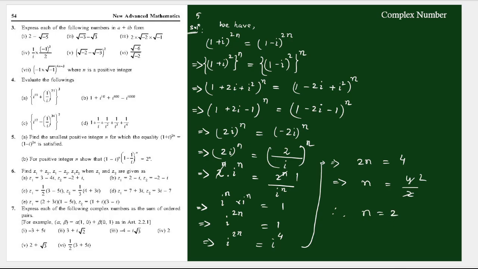So the question asks for the smallest positive integer n, hence here you can write down: the required smallest positive integer n for which the equality is satisfied is equal to 2.